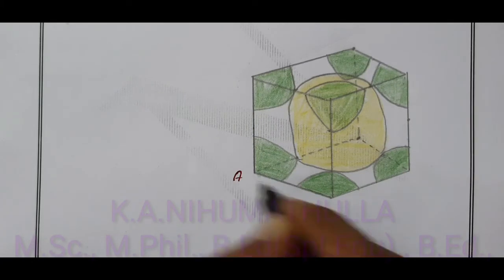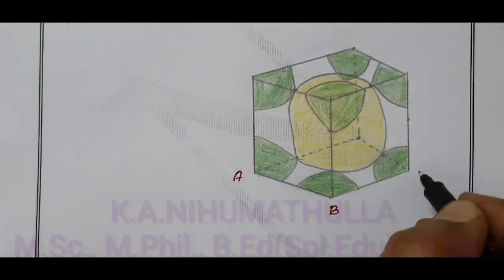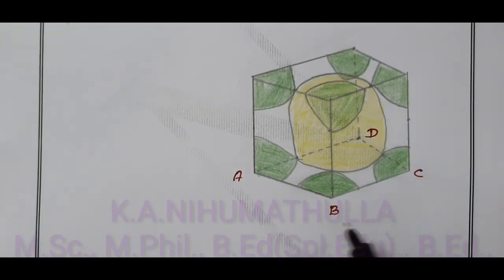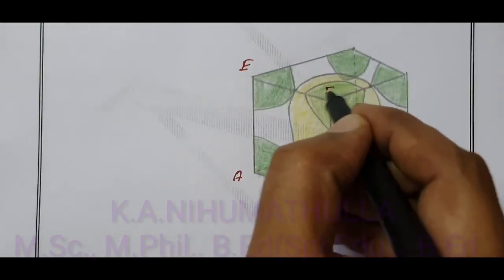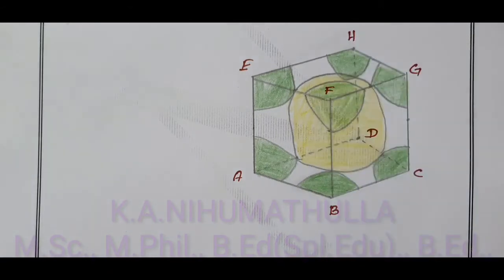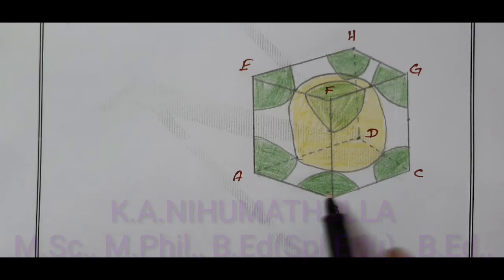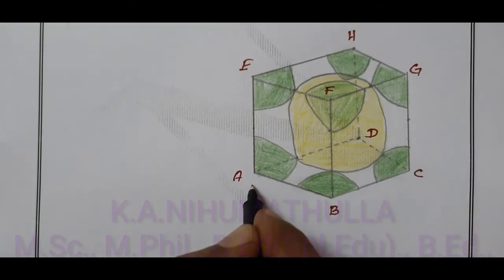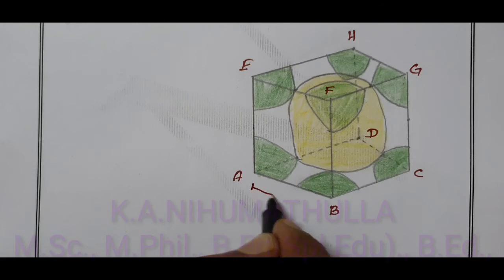This is A, B, C, D. One square is over. Then starting here, E, F, G, H. These lengths are a, and starting from this up to this, the edge length is a.